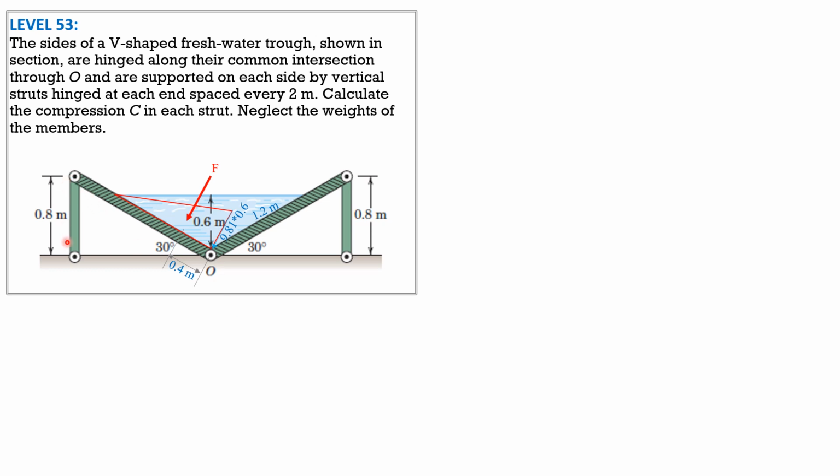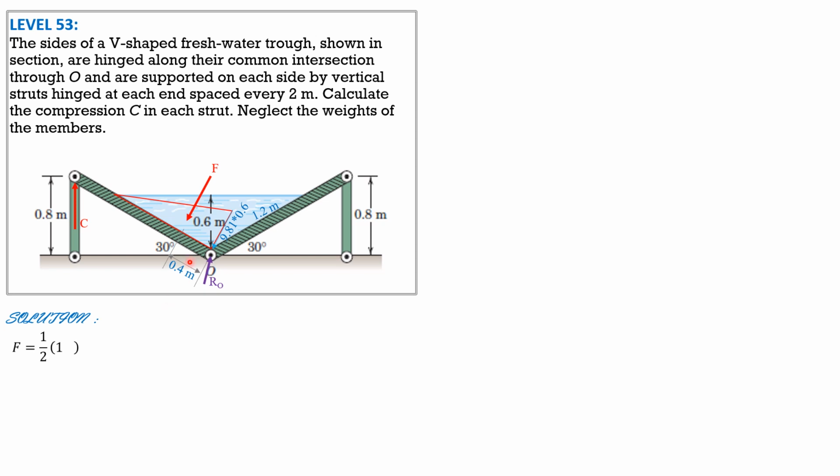And the compression here, we'll call that C. So this is the reaction at O, to show that there is a reaction here, so the solution should be summation of moment, not summation of forces, equals 0. So that's C, and this distance is, because tangent of 30 degrees is 0.8 over this distance, 0.8 over tangent of 30.